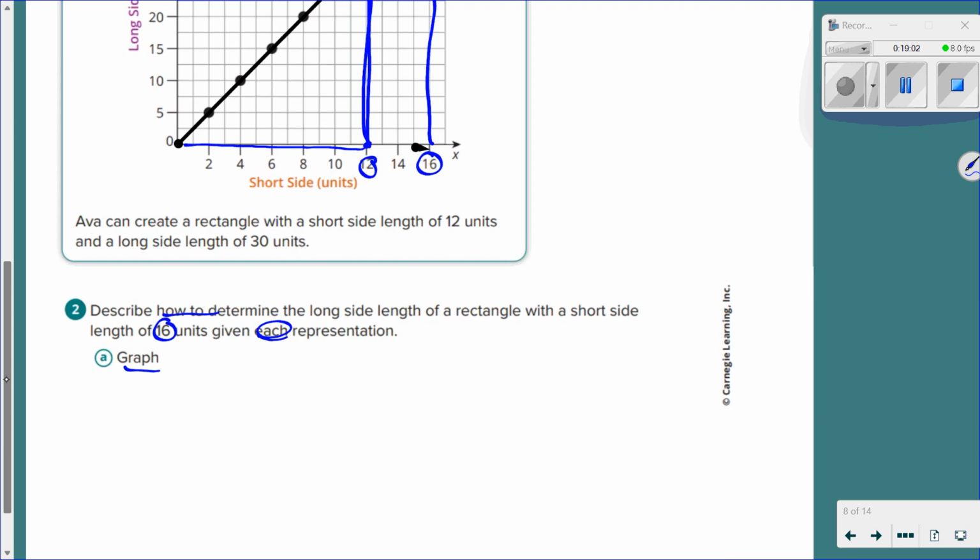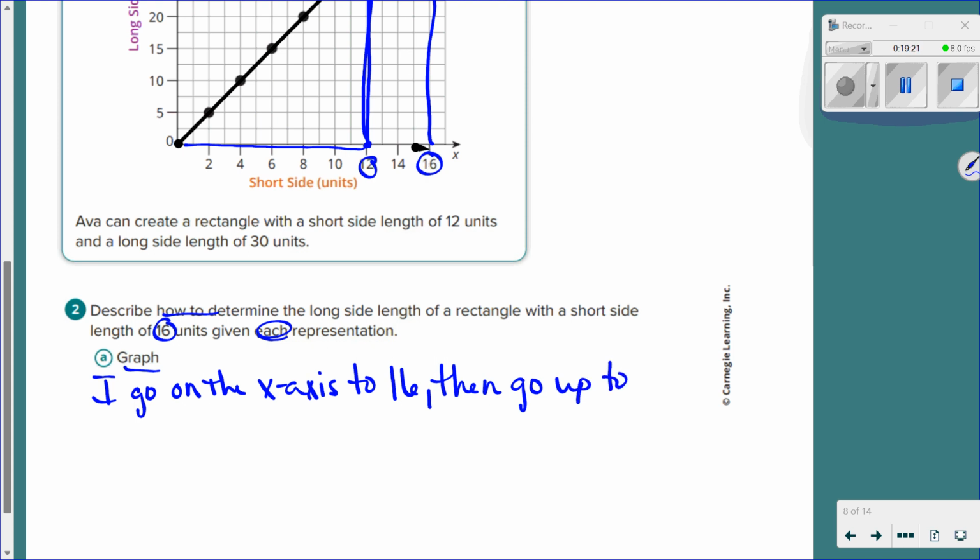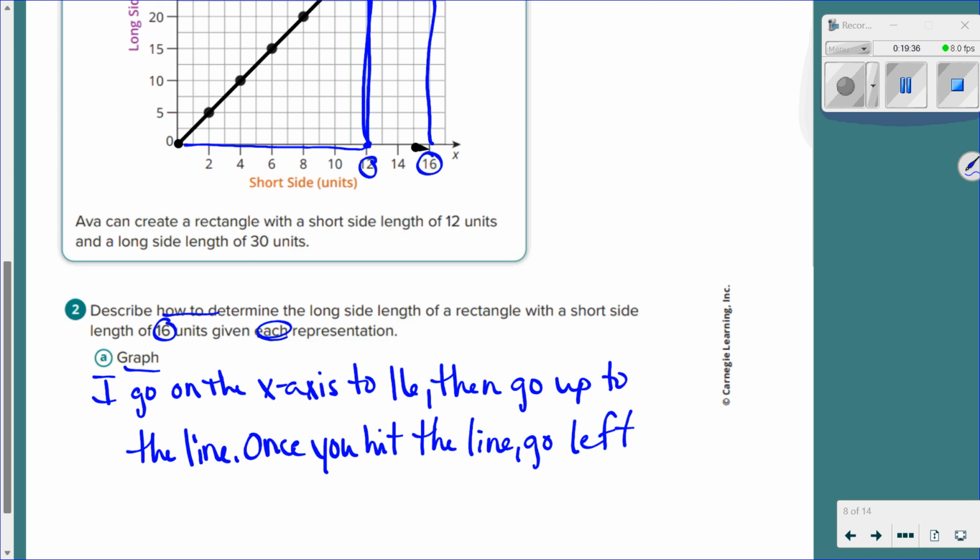So for the graph, I go on the x-axis to 16, then go up to the line. Once you hit the line, go left to find the value of 40.